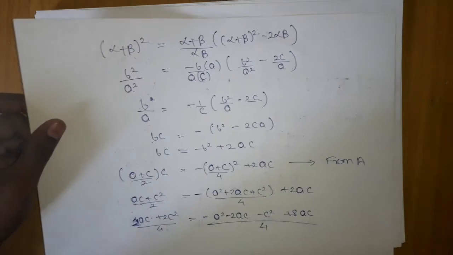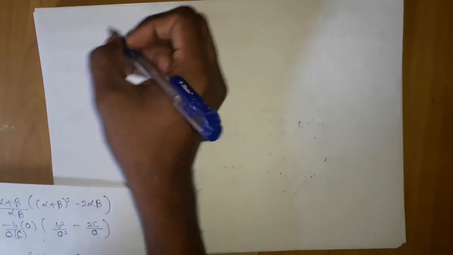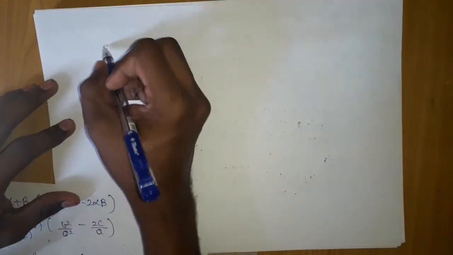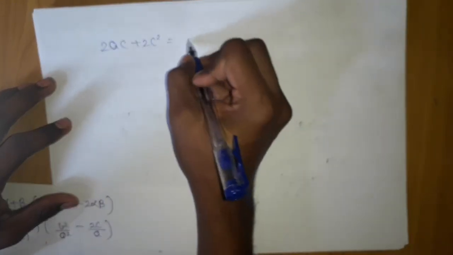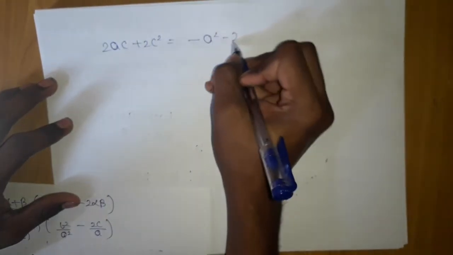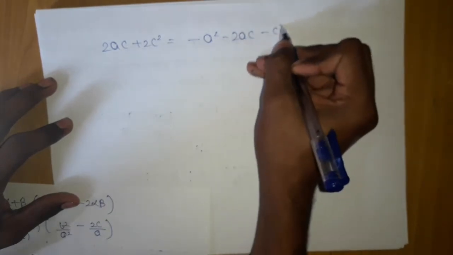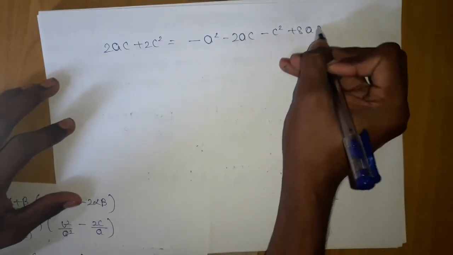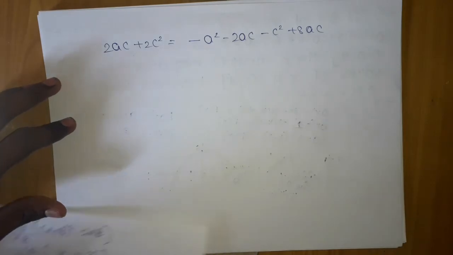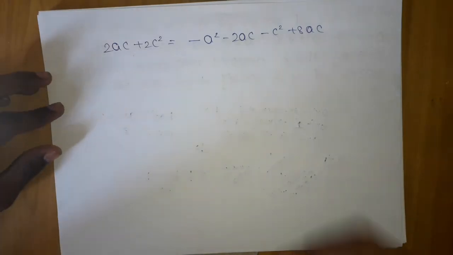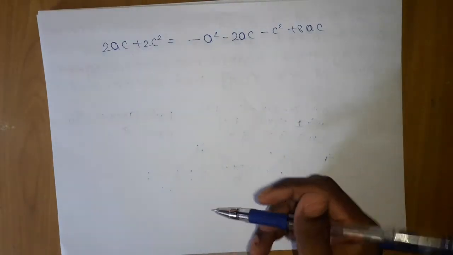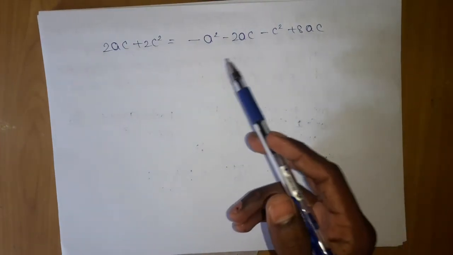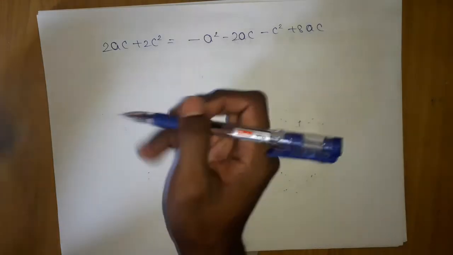So I will just eliminate all the 4's which we have. 2ac plus 2c square should be equal to minus a square minus 2ac minus c square plus 8ac. Now what we have to do, I know these two terms will cancel out, these two will cancel out, these two will cancel out.